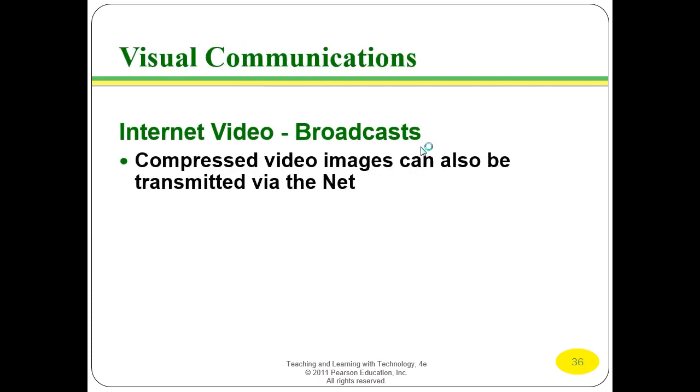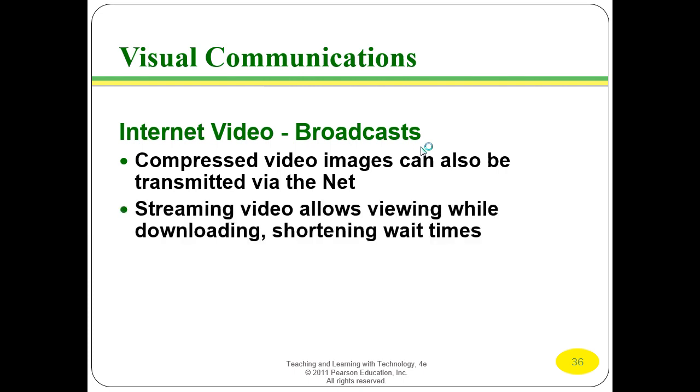Then we got internet video broadcasts. These compressed video images can also be transmitted via the internet. Streaming video allows viewing while downloading, thus shortening the wait time. So while you're watching a video, you can have it simultaneously being downloaded to your PC.